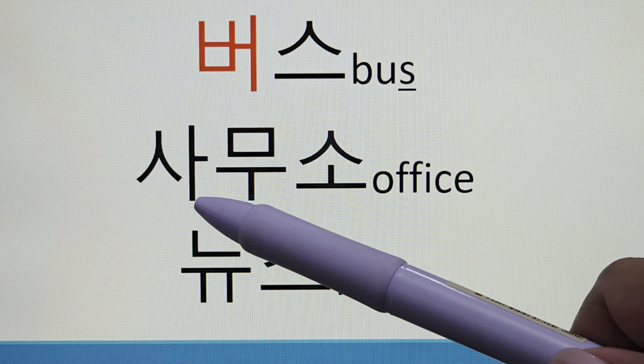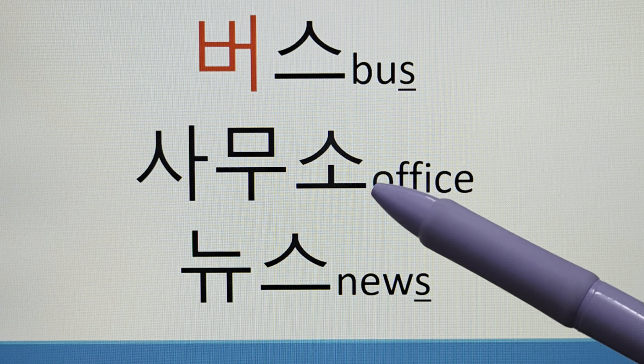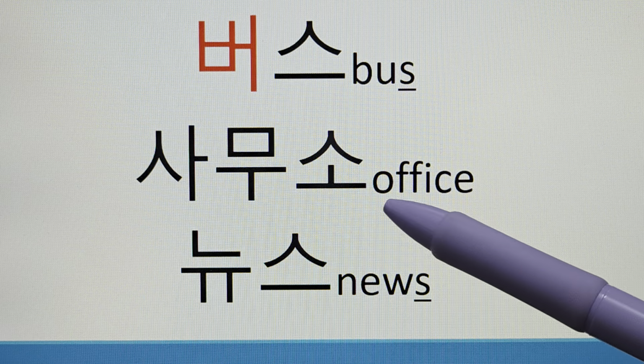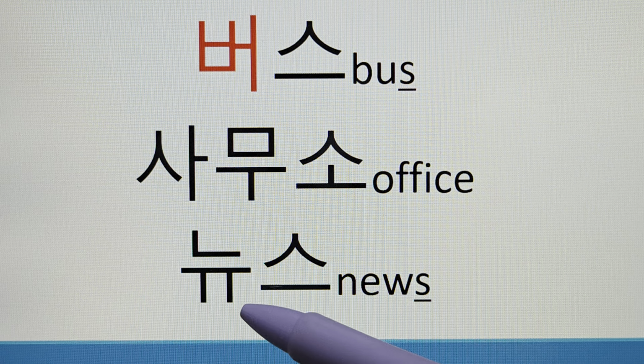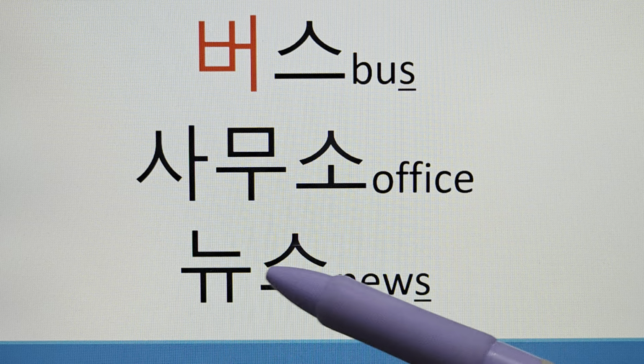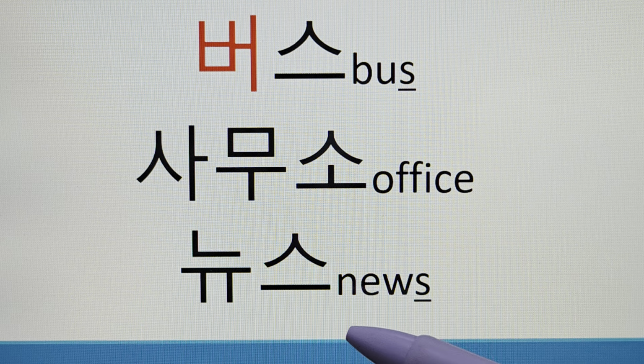Next word is 사무소. 사무소. And the next one is news. News. And of course, this word comes from the English.